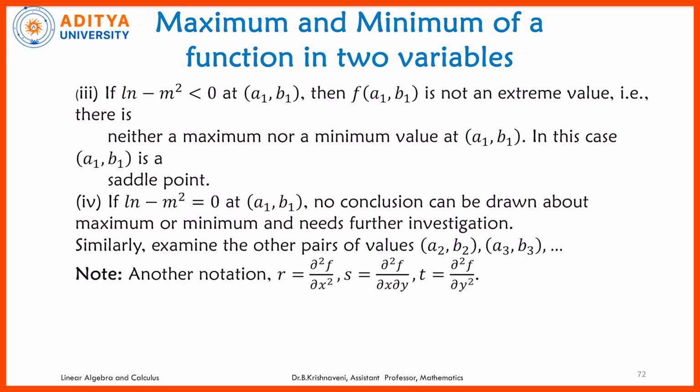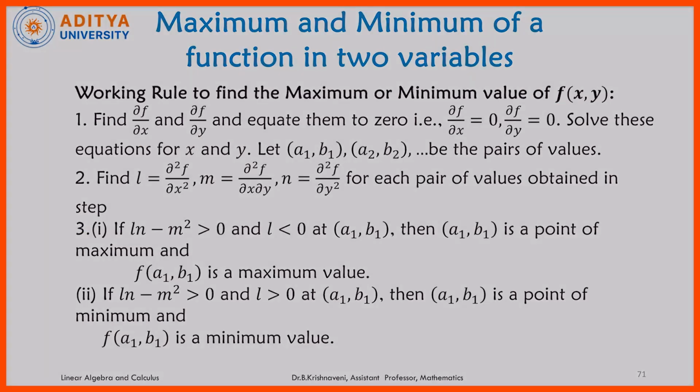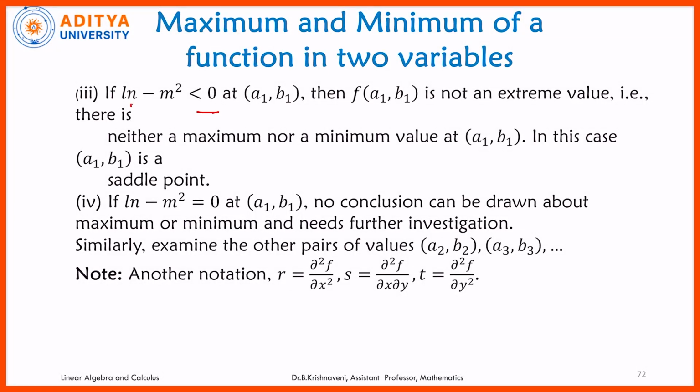Now we still have more cases. If you see the first two cases, we are dealing with LN minus M squared greater than 0, for which L is less than 0 or L is greater than 0. There is also the case where LN minus M squared is less than 0, as well as equal to 0. Let's see the third case.